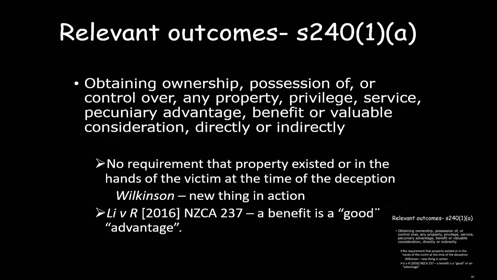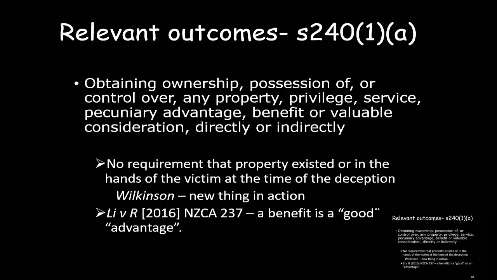Now you remember in Wilkinson they had the money that was transferred, and I put that in inverted commas. But all that happened, they said, was that one thing in action was extinguished and another one created for the person who provided the money, so to speak, and another one was created with respect to the defendant.